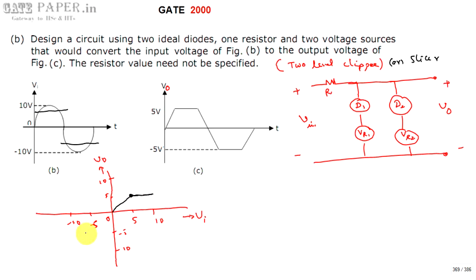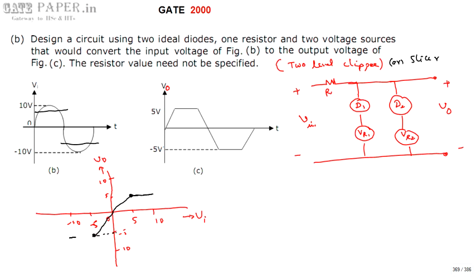Next, for the negative half cycle, the same thing happens. Output voltage follows input voltage till it reaches minus 5 volts. After reaching minus 5 volts, if V input goes higher in magnitude, minus 6, minus 7, minus 8, minus 9, minus 10, at that time the output voltage is going to be constant at minus 5 volts.